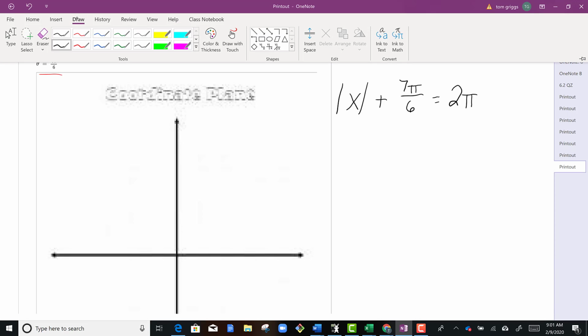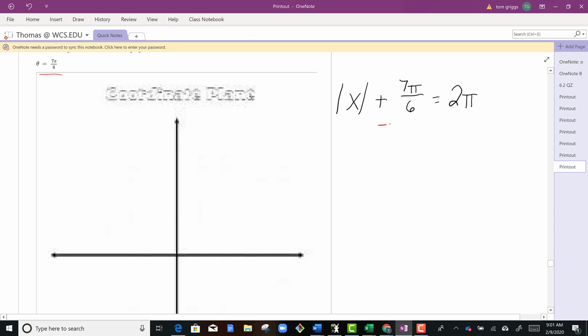So to solve this, we would subtract 7 pi over 6 from both sides. So real quickly, 2 minus 7 over 6 would be the same thing as 5 pi over 6.